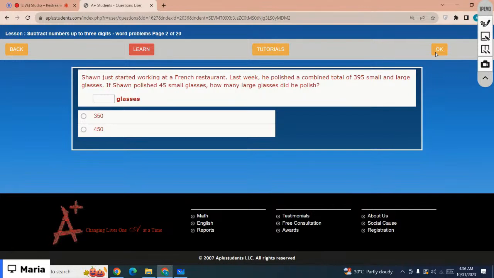So, 395 minus 45 equals. Very good. The correct option is 350. Right? Option 1 is the correct option.